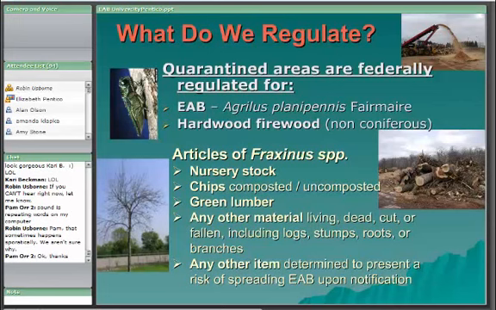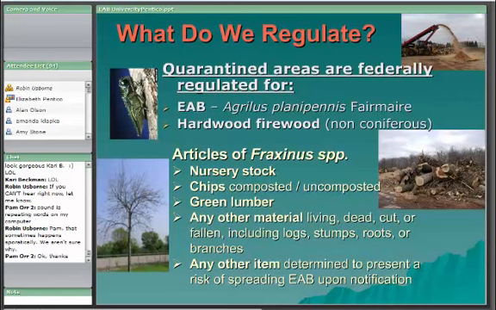And also from a standpoint of being able to do inspections of that material, to bust open loads and look at every single piece would be a burden for facilitating the movement. So the regulation was set at all hardwood firewood. Then of the genus Fraxinus, which is the genus to which all ash belong in North America, all true ash, nursery stock is regulated.